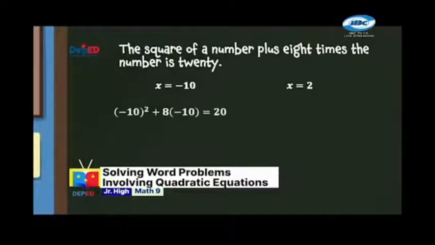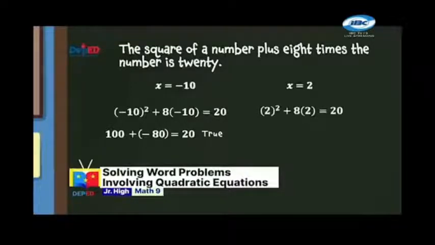This means that the square of -10 plus 8 times -10 must be equal to 20. The square of -10 is 100. 8 times -10 is -80. 100 plus -80 is 20. So, the equation is true, and hence, -10 is the number described in the problem.